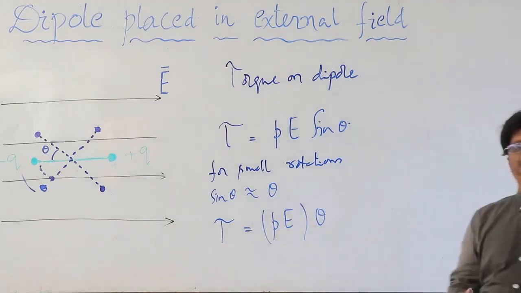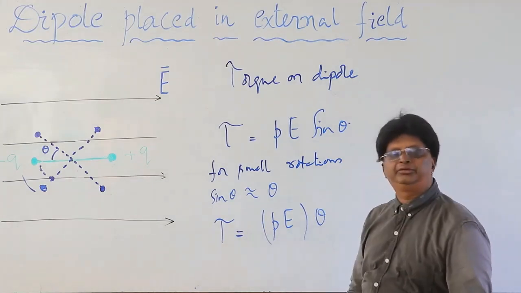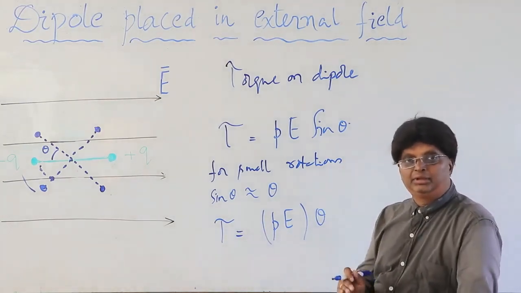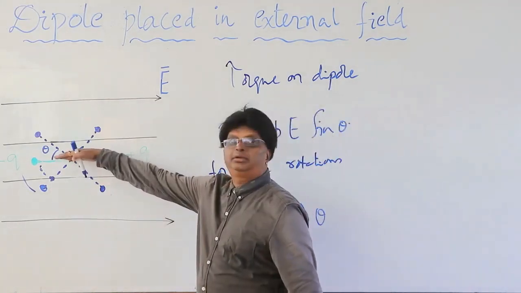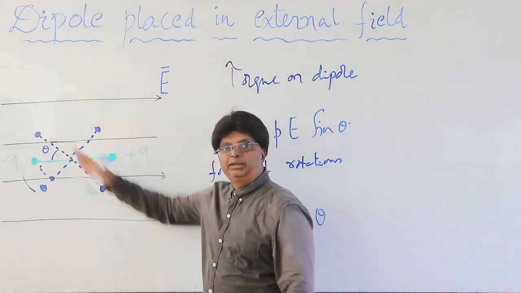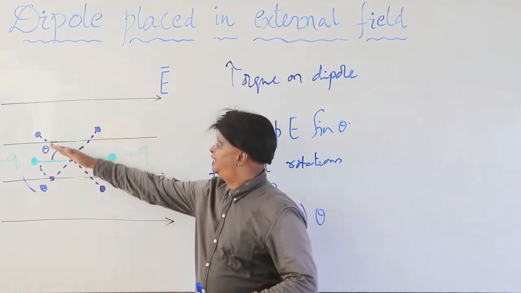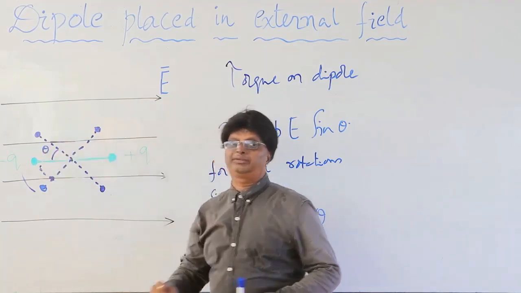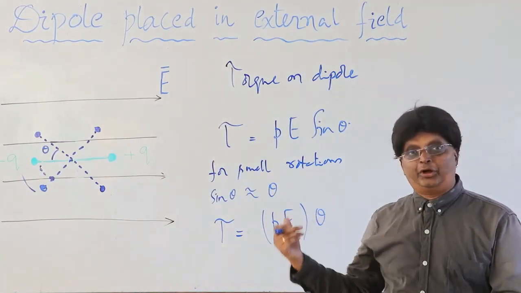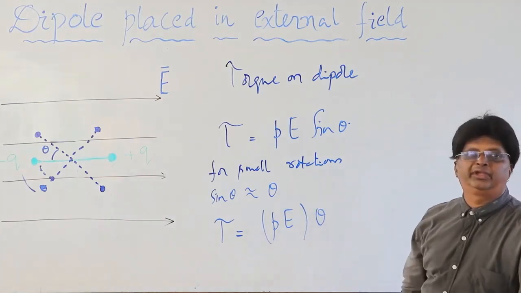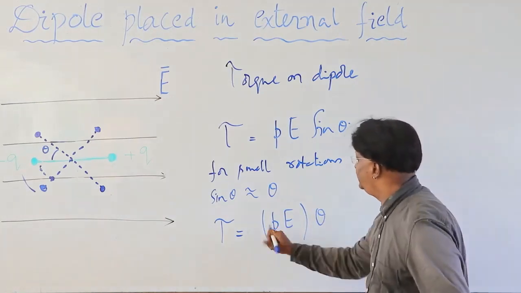And remember, here I will take this torque with the negative sign. Why will I take this torque with a negative sign? Because it shows the restoring nature. Supposing I rotate clockwise, then the torque is anticlockwise. Supposing I turn it anticlockwise, the torque will be clockwise. Likewise, this torque experienced by the dipole is of restoring nature, and that is why I am using the negative sign.